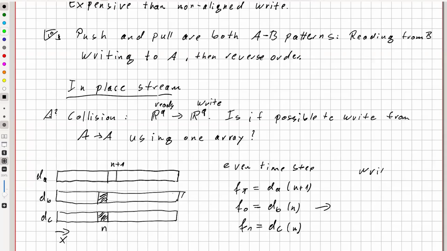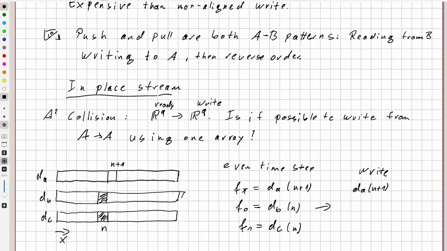Then we do the collision and do the write. We write dA at the position N plus 1. So it's important, we can only write to positions where we previously read from, right? Otherwise we would overwrite something from another node.